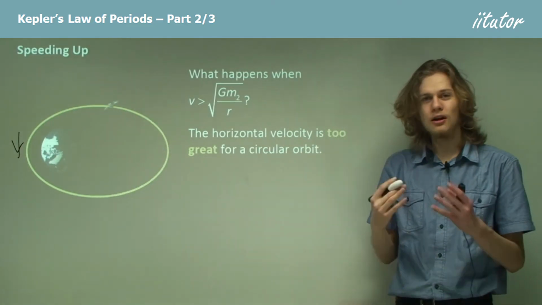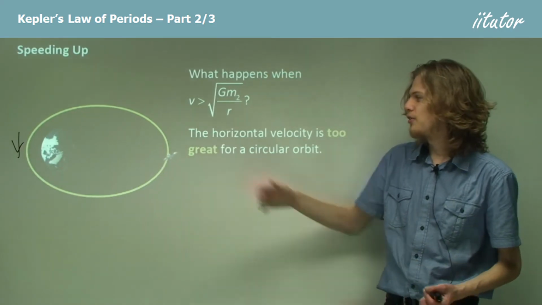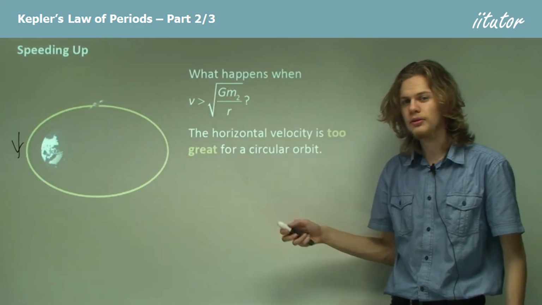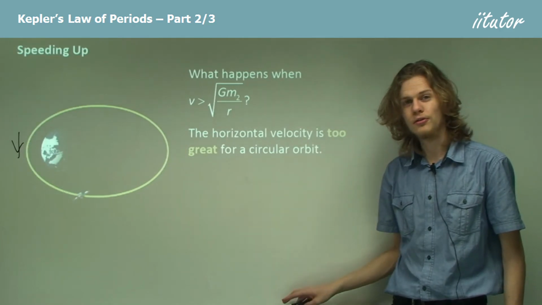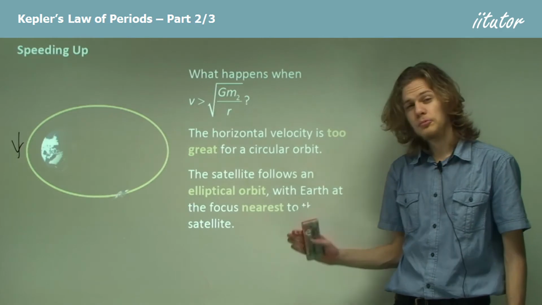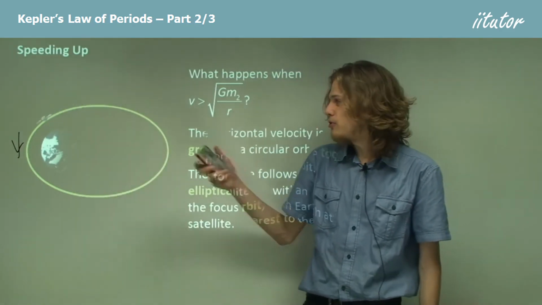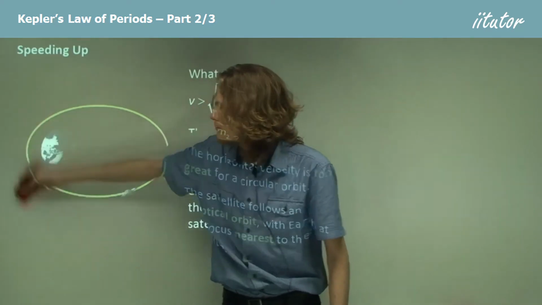Of course, at a much larger radius, we'll be moving much more slowly, which means that the velocity at the right side of this orbit is much smaller than the velocity on the left side. So we'll follow an elliptical orbit, and the Earth will be at one of the foci of the orbit.